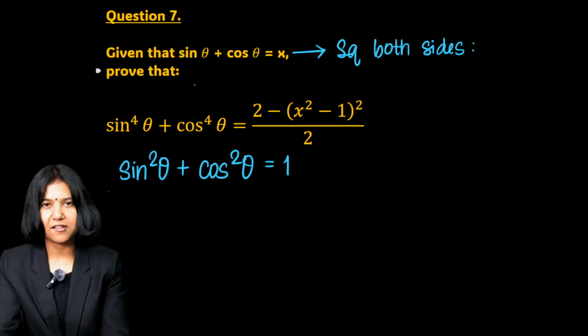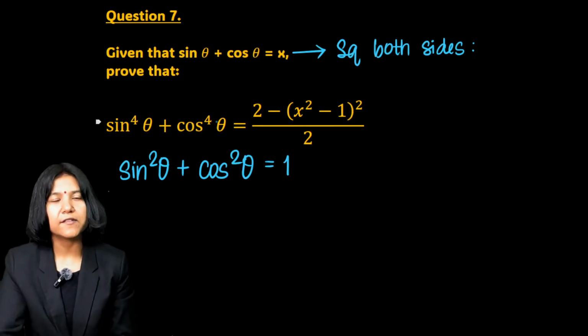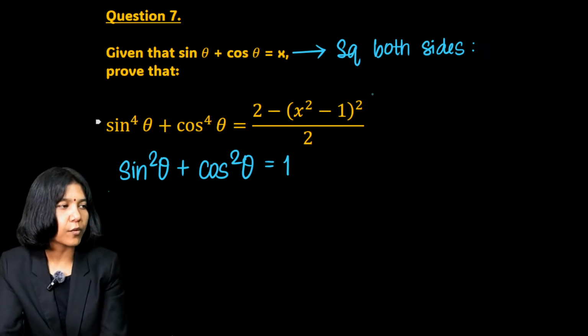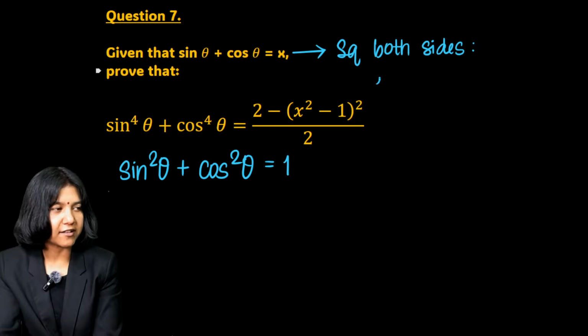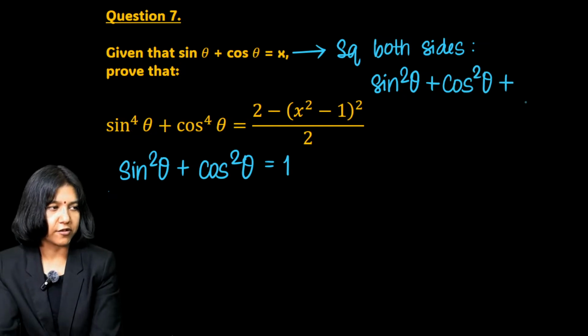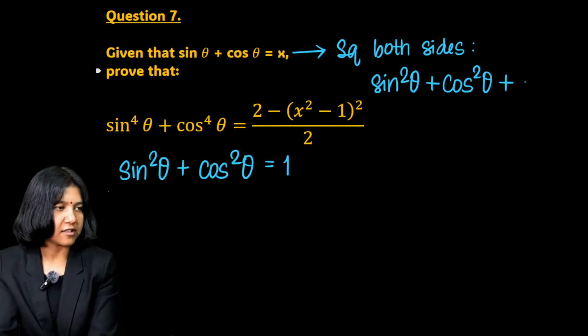Again, as I told you, squaring is not done individually when it is plus or minus. So you have to take it as a whole square. So I'm writing the formula directly. Sin square theta, square the first, square the second, and add the double product of the two. So plus 2 sin theta cos theta.